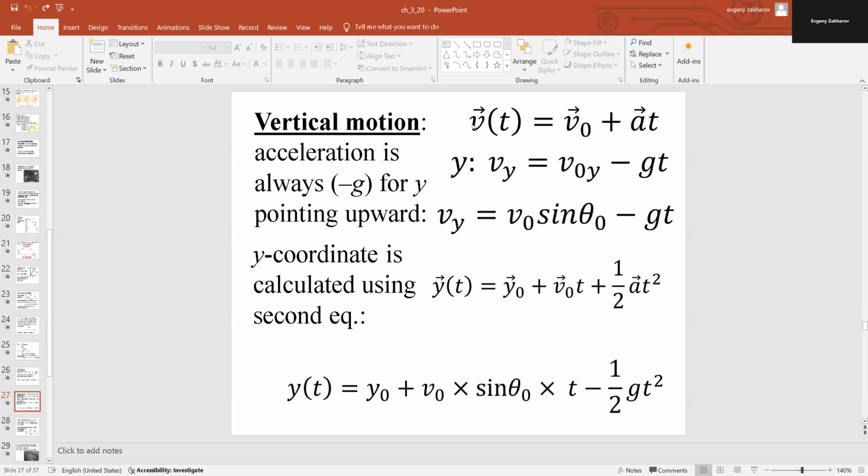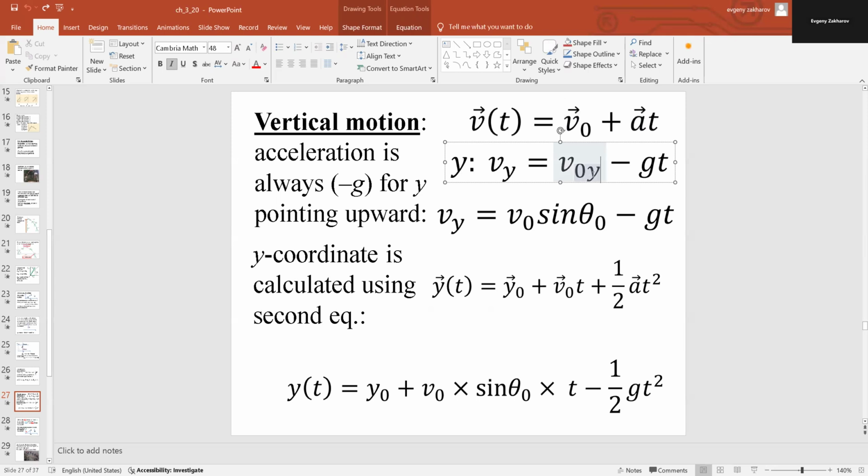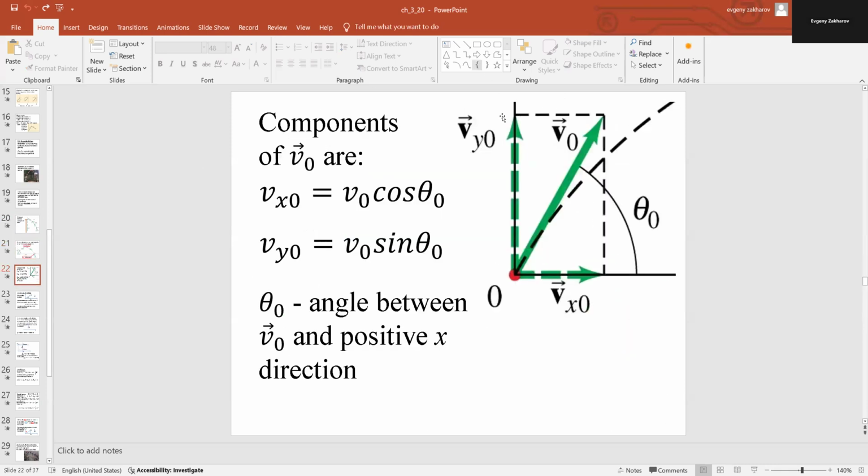For vertical motion, same equation, but now it's not the x components, it's y components. And what's different for y components? For y component, if this is theta sub 0, then alternate interior angle is right here, and those are congruent. So everything opposite to an angle becomes the sine function.